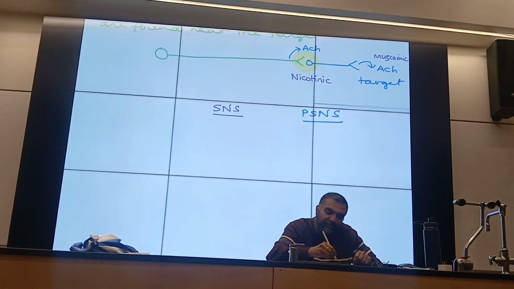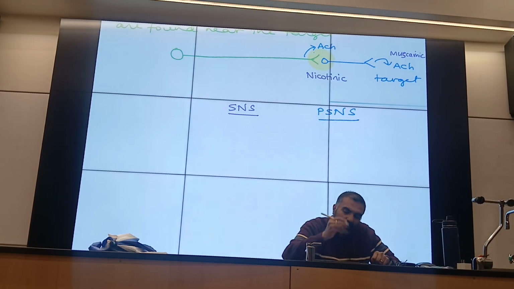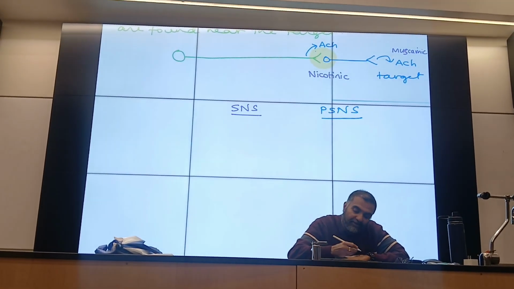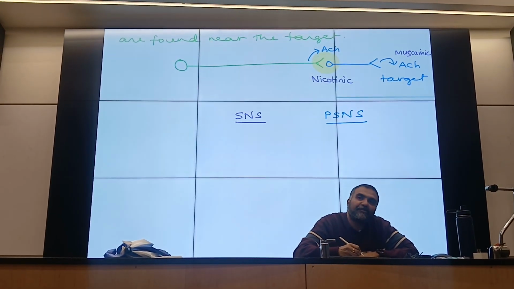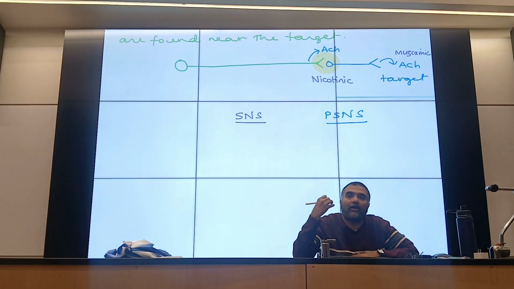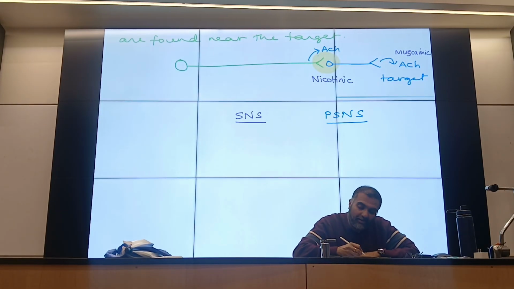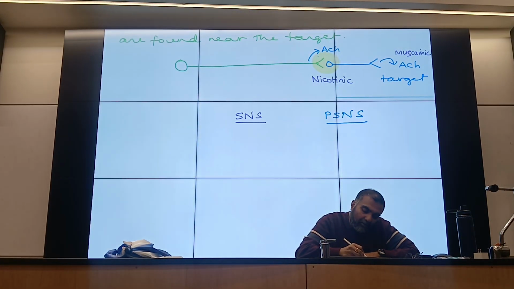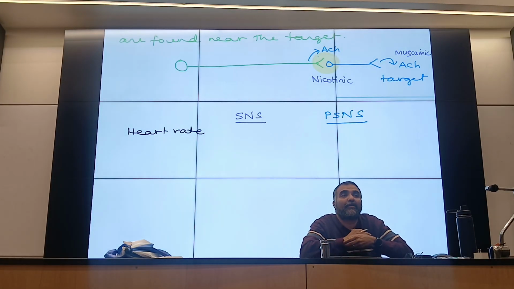Okay? I'm going to list a few specific organs, and we're going to be looking at some of these effects. So the very first one we're going to do is the heart. The heart is very much affected by this. So I'm going to say heart rate. We know sympathetic is fight or flight.